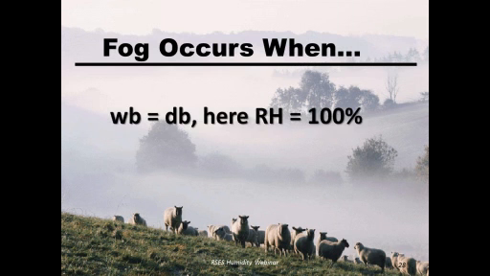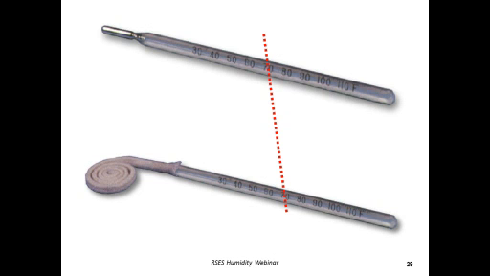So it's a pretty trouble-free instrument for measuring relative humidity. Fog occurs when the wet bulb equals the dry bulb. And under those conditions, the air is fully saturated. It cannot hold any more moisture. So therefore, fog is produced. And in this case, we've got a 70-degree dry bulb and wet bulb. So under that condition, our relative humidity is 100%.